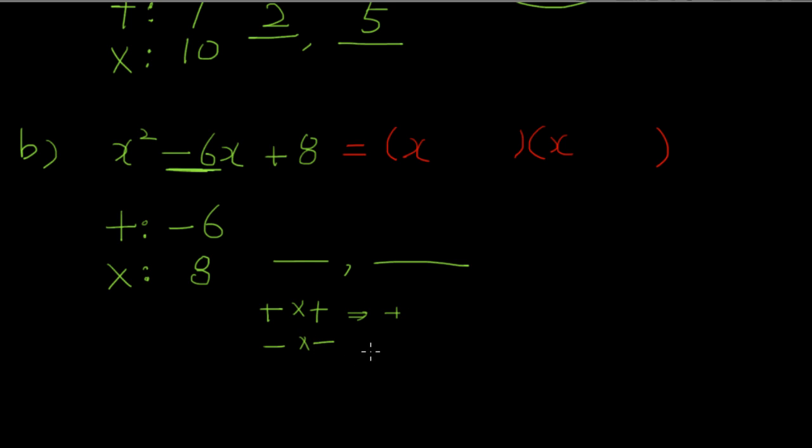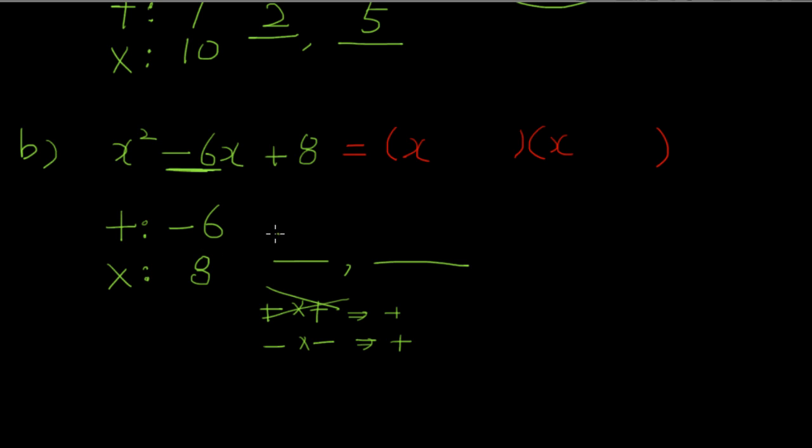If you multiply these two minus, that's also going to be positive. When I add these two numbers, it's gotta be negative 6. So the two positive case is not going to work. When I add two positive numbers, it's not going to be a negative result. So I think I'm looking at two negative numbers.